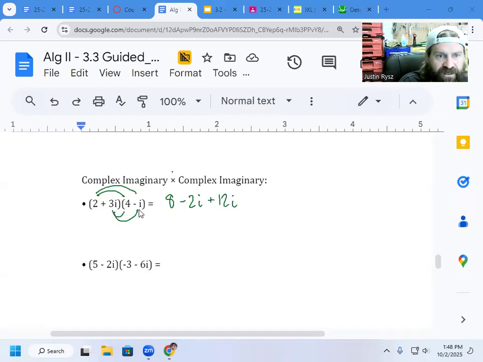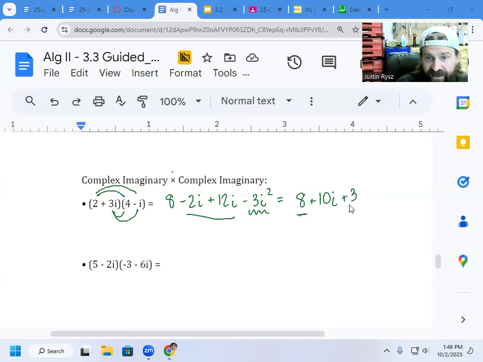And then 3 times -i is -3i squared. All right, so we can combine those and rewrite this as 8. -2i plus 12i is a +10i. And then -3i squared becomes a +3. And now, actually, after that, we can combine the 8 and the 3 together. So putting the real numbers first, we would have 11 plus 10i.